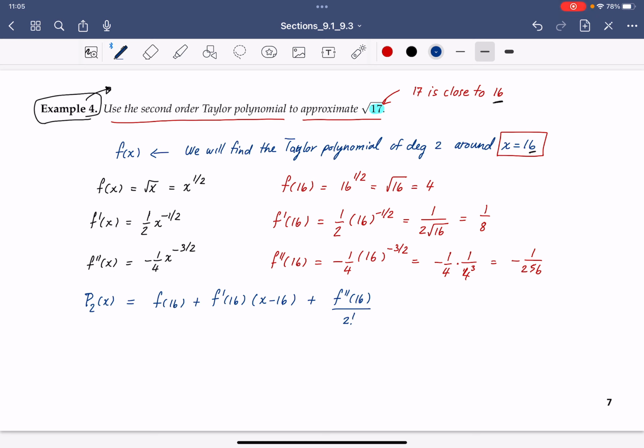You still have 2 factorial here because this is the form of the Taylor polynomial. Oh yeah, it's 256, because it's 4 to the 4. So it's going to be 4 plus x minus 16 over 8.